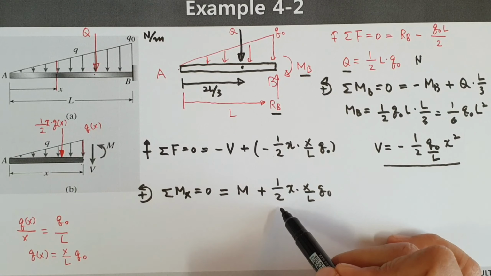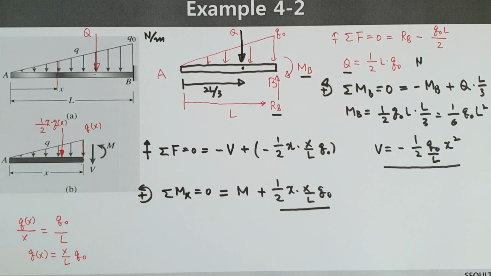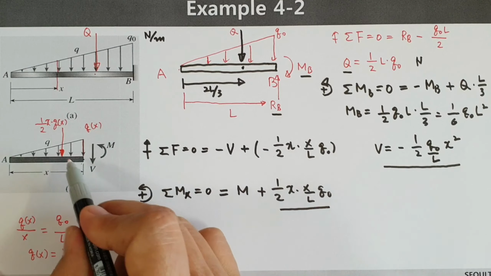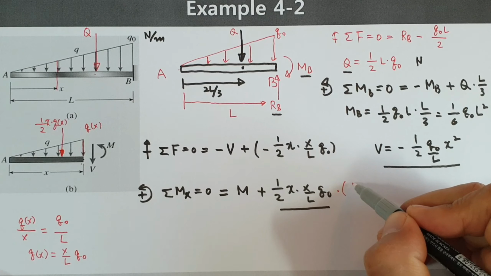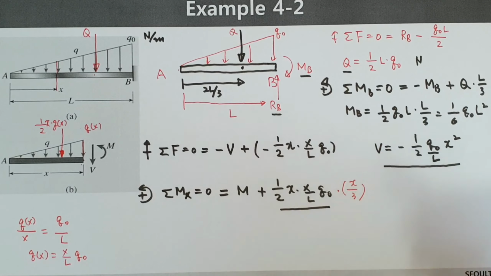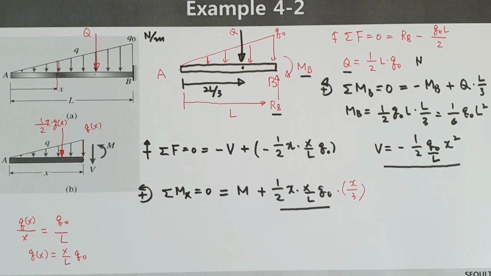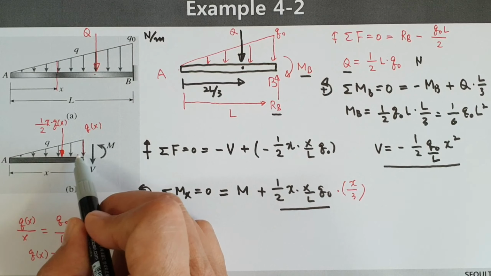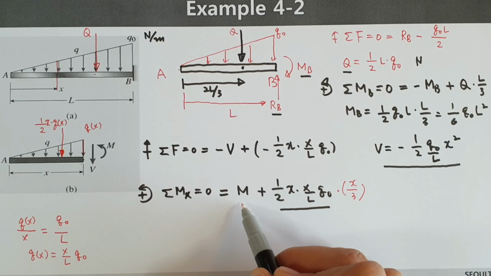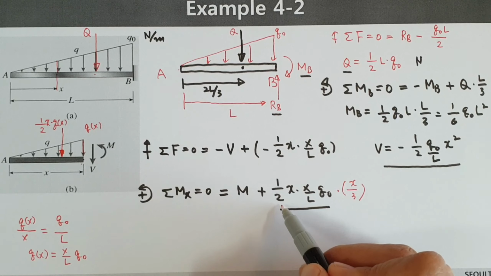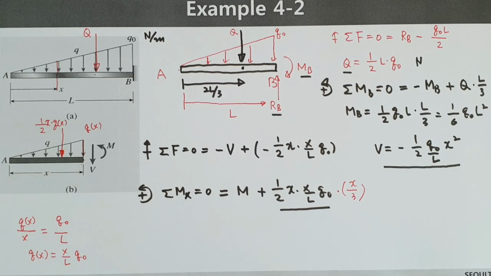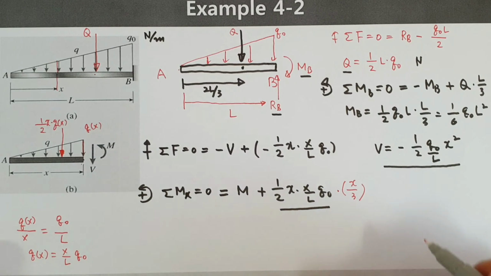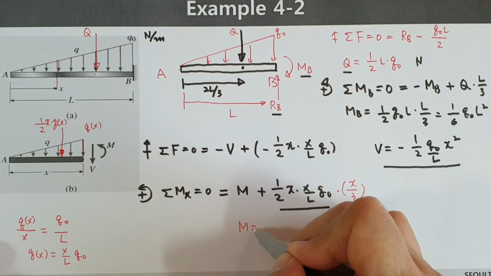This one is force, actually, and the distance is this distance, and this distance is what? X over 3. This distance is X over 3, and M is given like this one, 1 over 2 X and QX, X over L Q0.